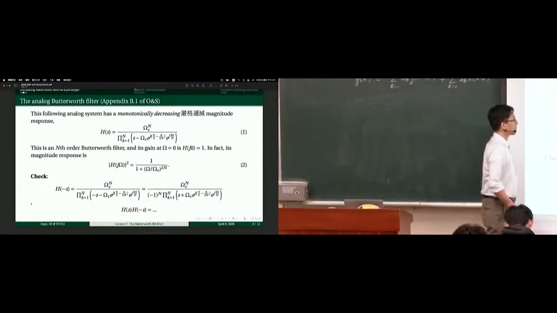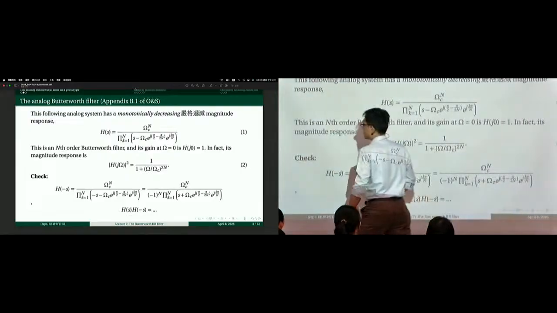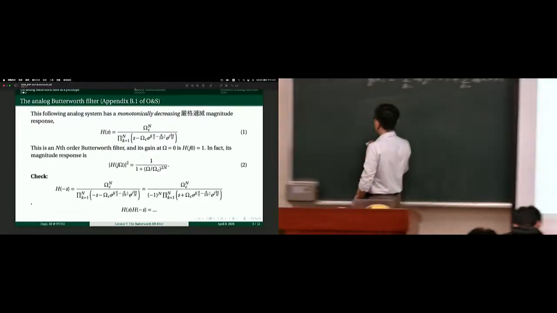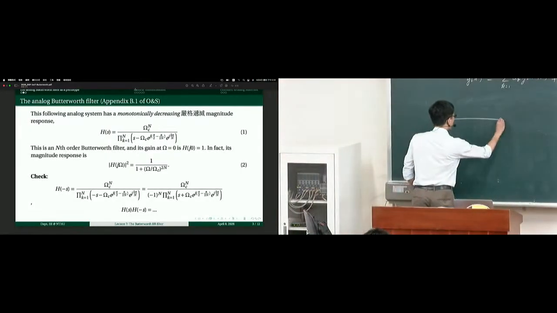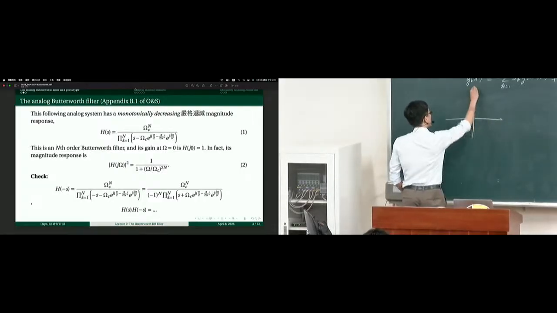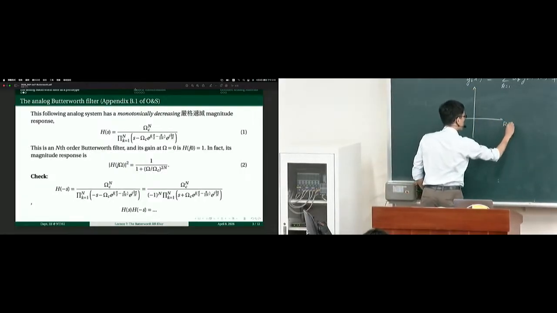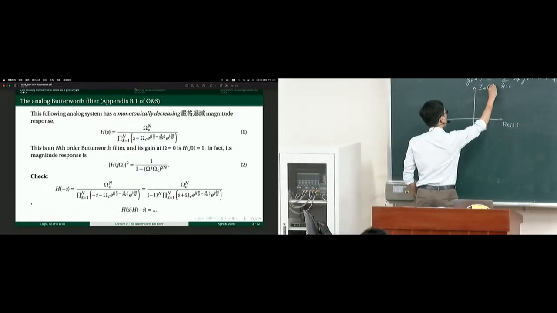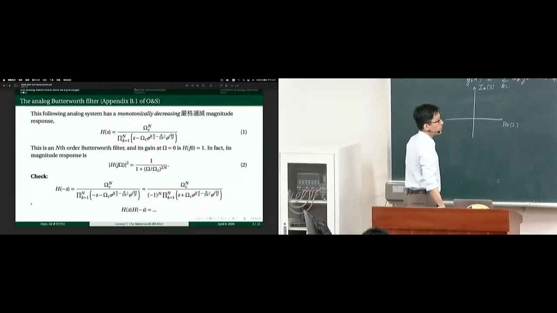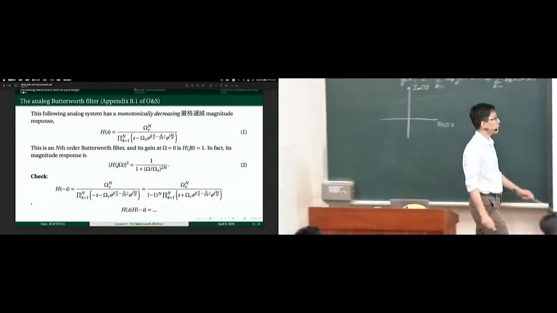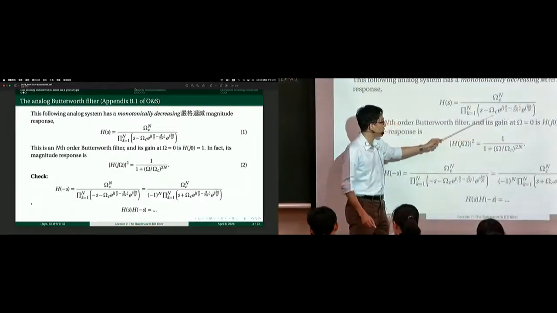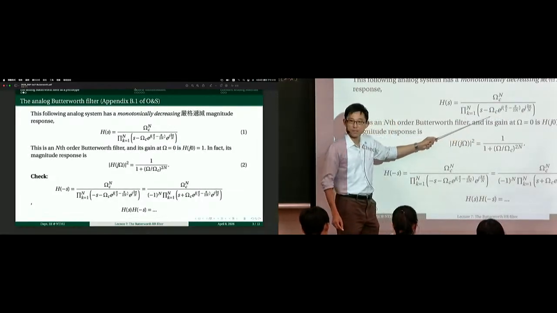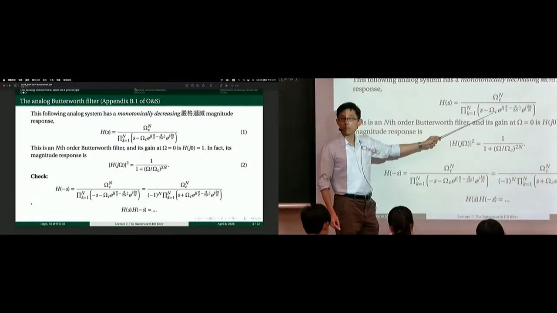So here, if we just draw the s-plane, with real part and imaginary part, this is the s-plane, the Laplace s-domain. Now, at the bottom of h of s, we have a product of s minus something. Everything here is a complex number, right? Everything here is a pole on the complex plane.